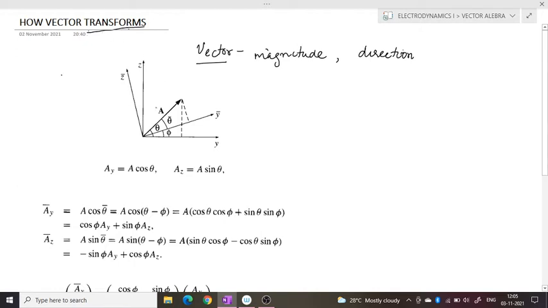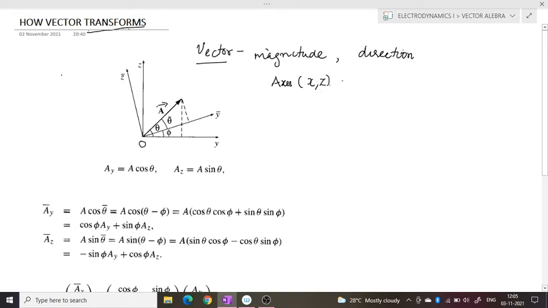Okay. Focus on this vector, vector A. This is our origin O. It is starting from here to here. This is the point where we have two components. First of all, consider the yz axis.